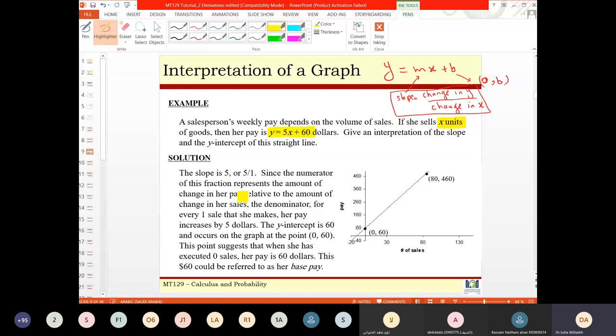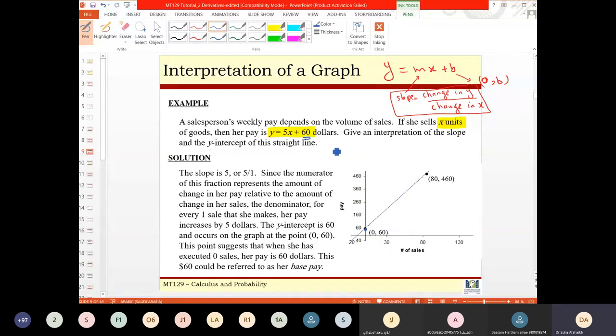It's a line equation, y equals 5x plus 60. Okay, if you draw it, it looks like this. I'm cutting the y at 60, so this point is 0 and 60. And the slope is 5. The rate of change is 5.